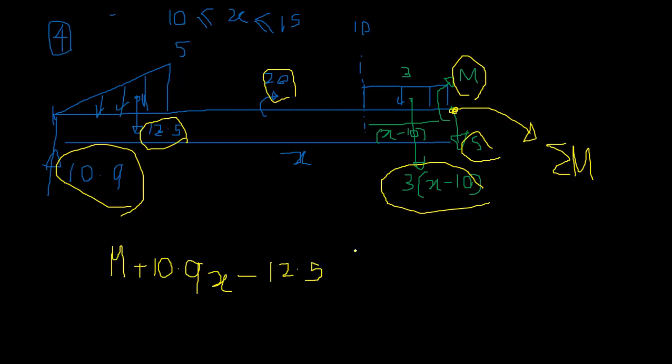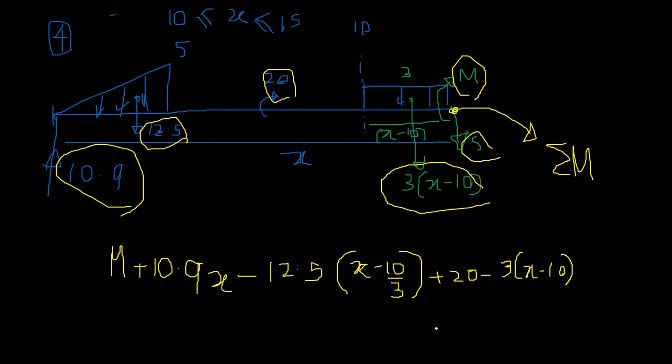X minus 10 over 3. That's again the same thing, right? Plus 20. And this is an anti-clockwise moment, it's going to be negative.